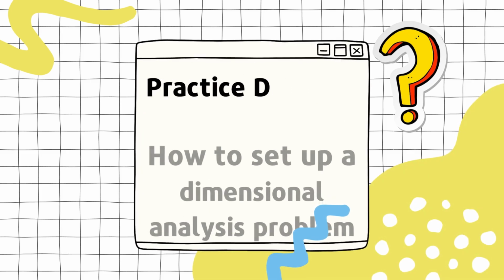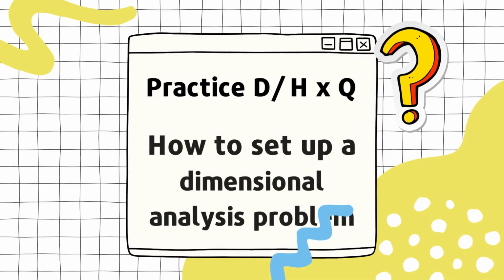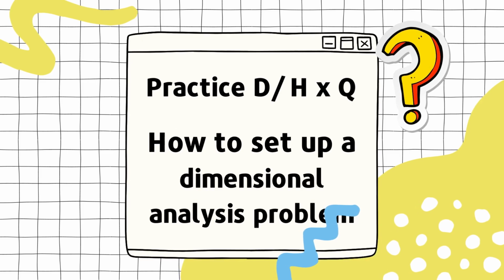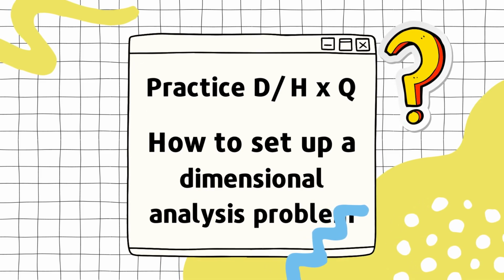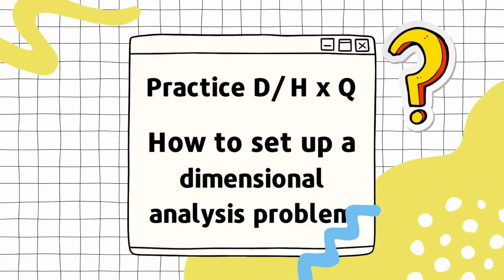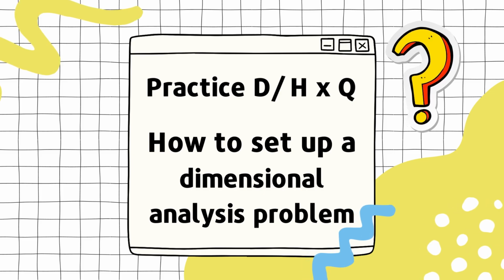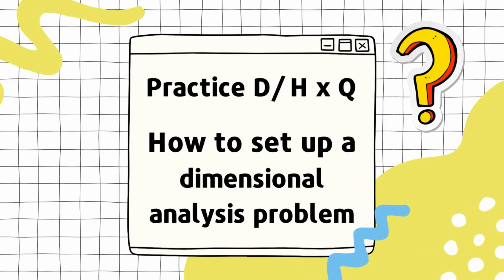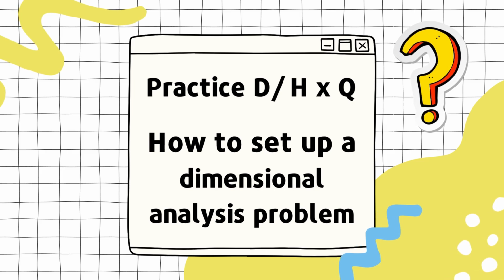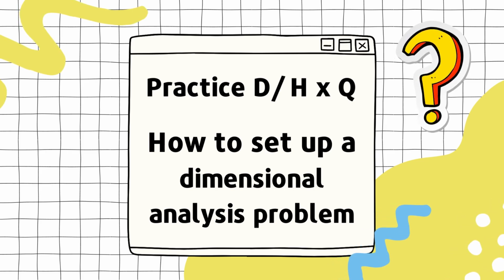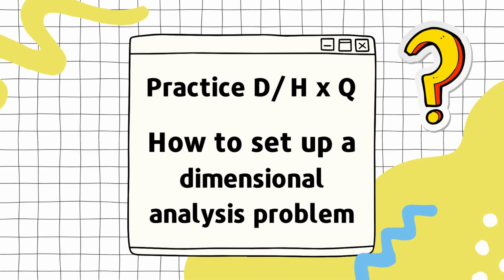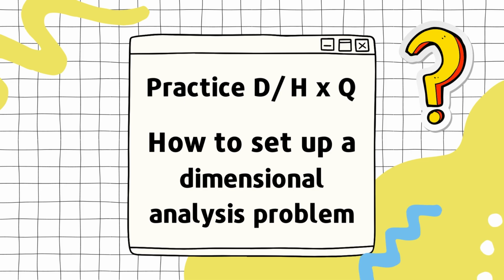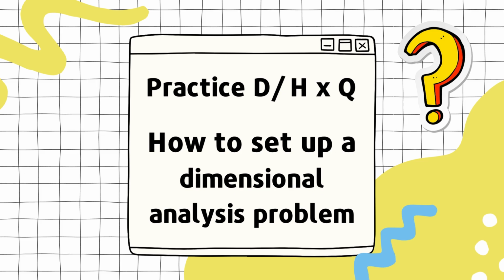So, today we're going to practice our D over H times Q problems, and we're also going to introduce how to set up a dimensional analysis problem. If this is your first time with us in our dosage calculation series, you can go back to our very first lecture where we break down D over H times Q. Now we're going to move on to dimensional analysis.